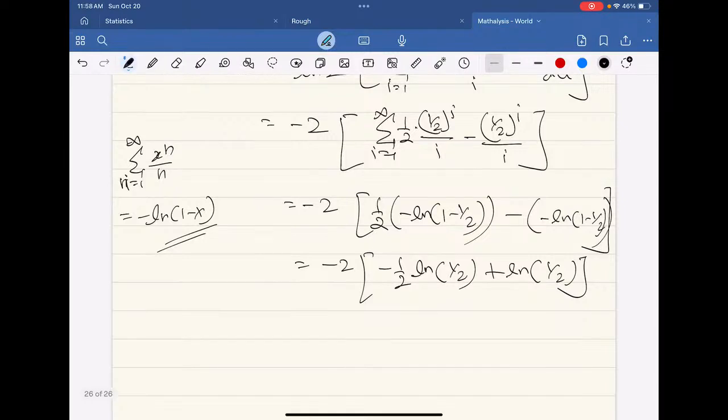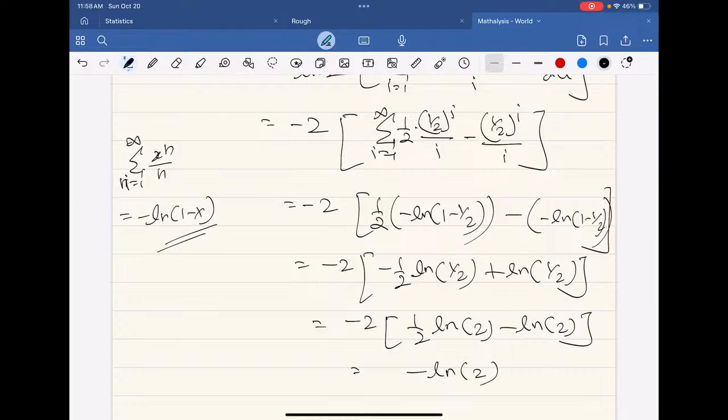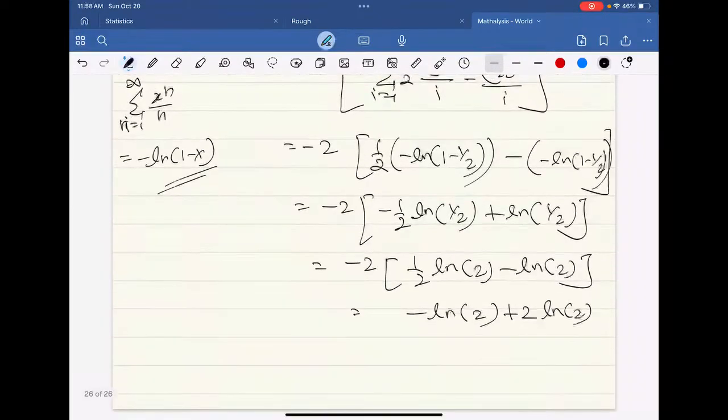Yeah, so this is now minus 2 times, this is half ln of 2 minus ln of 2, which is minus ln of 2, plus 2 ln of 2. Oh, the answer is so good. The answer is just ln of 2, right?